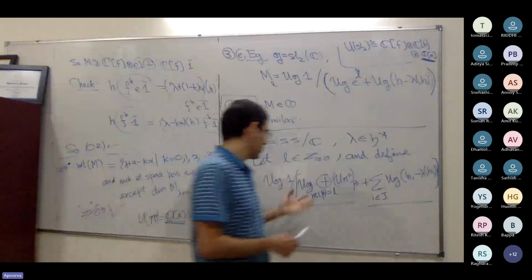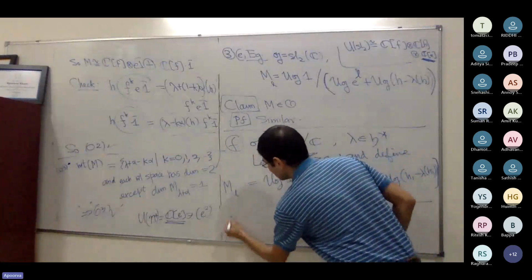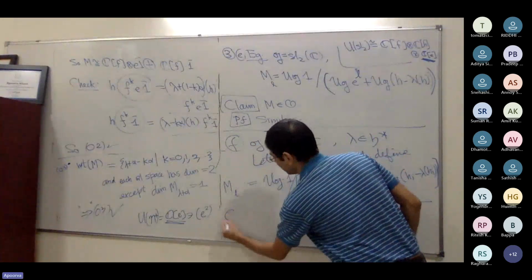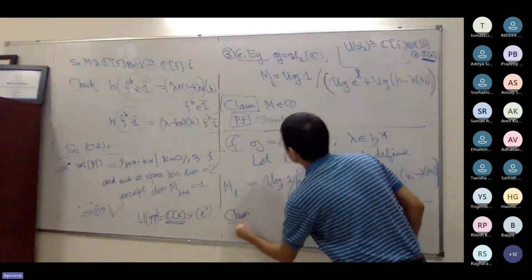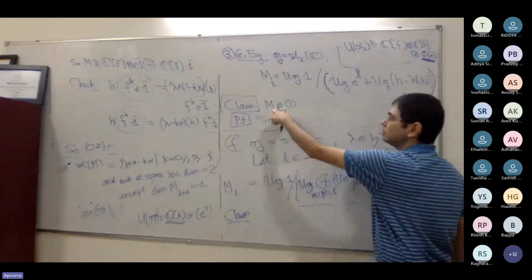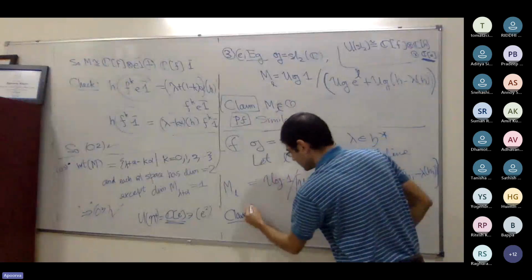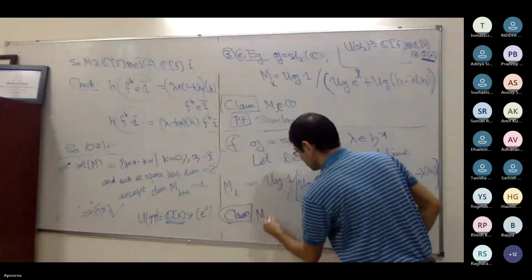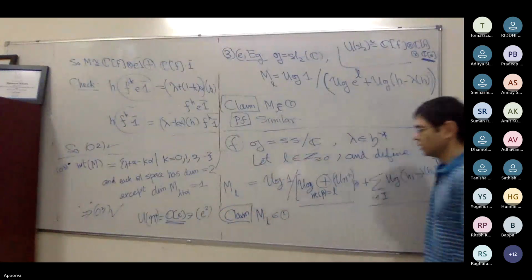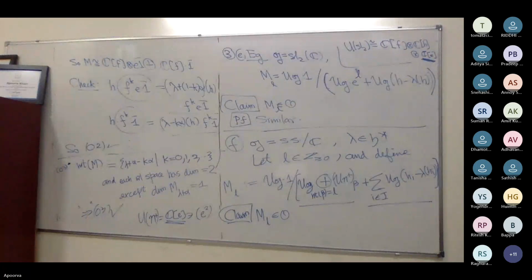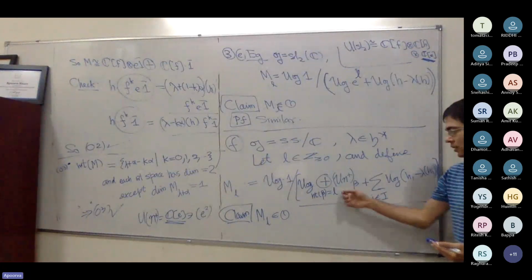So the claim is similar: this M_L belongs to O. BGG had a slightly different construction of this.